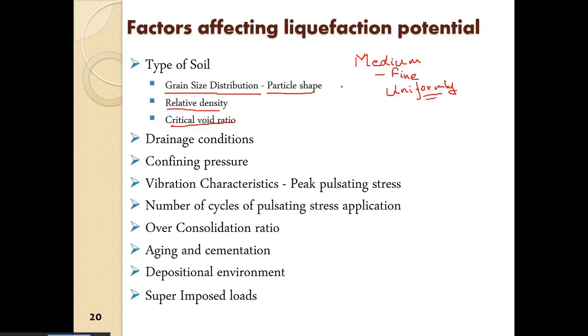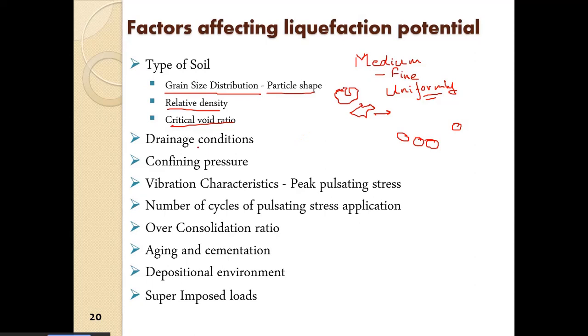If the soils are very angular in nature, then definitely there will be more friction. So the internal friction will be somewhat high, and the shear resistance of the soil will be more compared to rounded particles. So the rounded particles will easily roll over each other, and it will be easy to liquefy or deform during cyclic stress application.